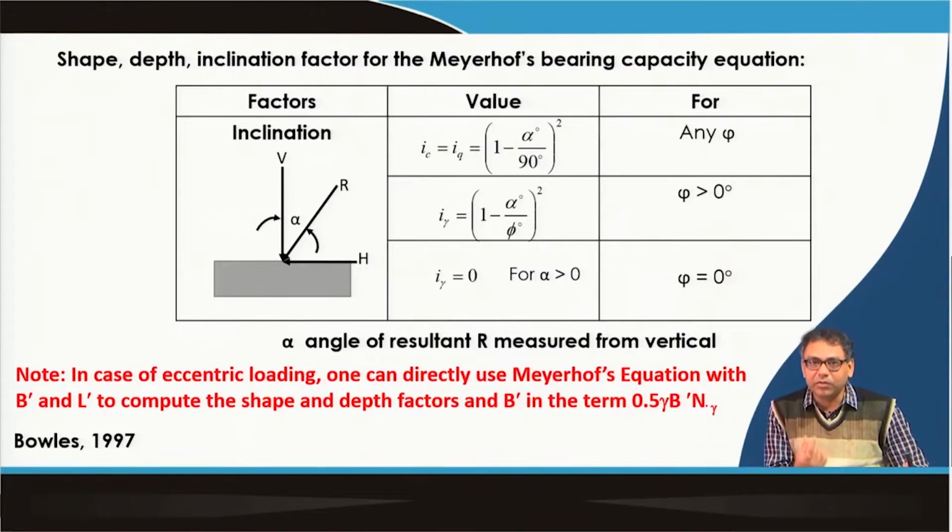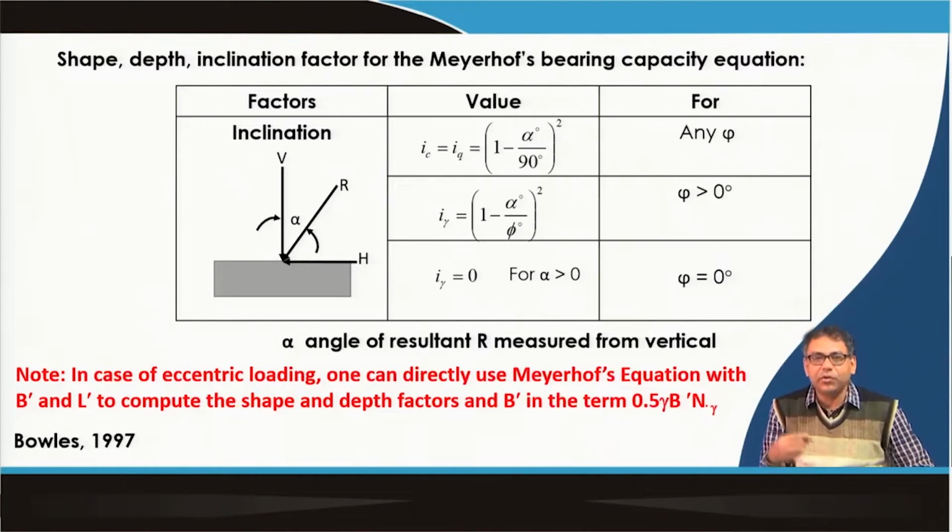So, now the width will not be B, the width will be B dash, because B dash is the effective width in case of eccentric loading, and L dash is the effective length.